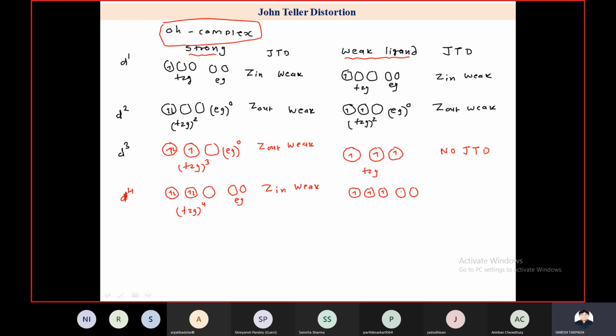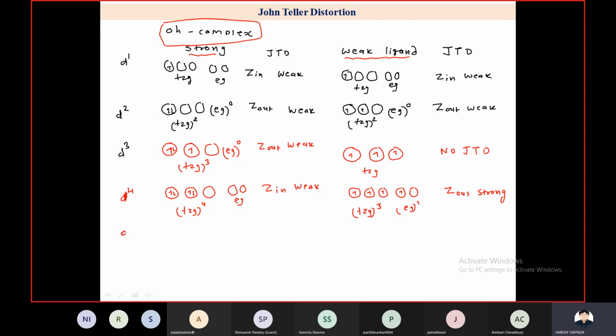You can have the fourth electron in the EG orbital. So the EG orbital is an unsymmetrical field. Strong. So it is a strong Jahn-Teller. It is a Z out. Look, T2G4 and T2G1 cases give Z in. So it is a strong Jahn-Teller distortion.